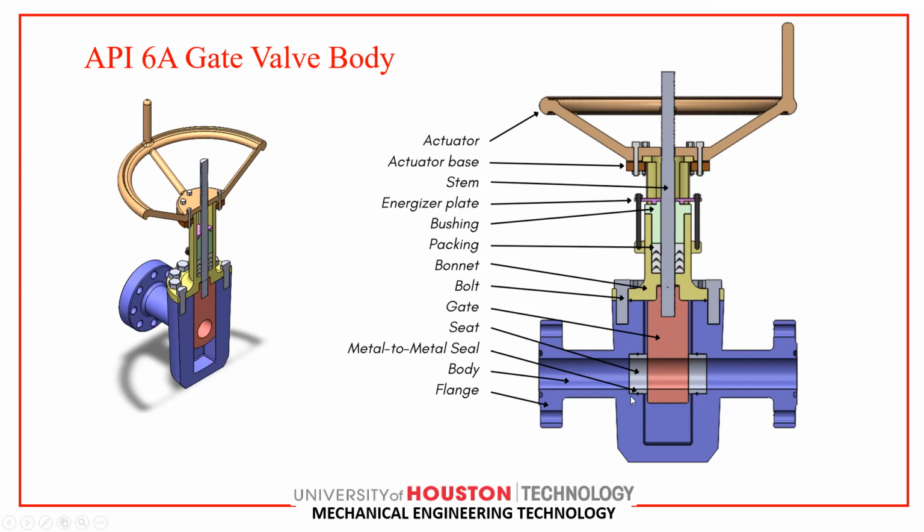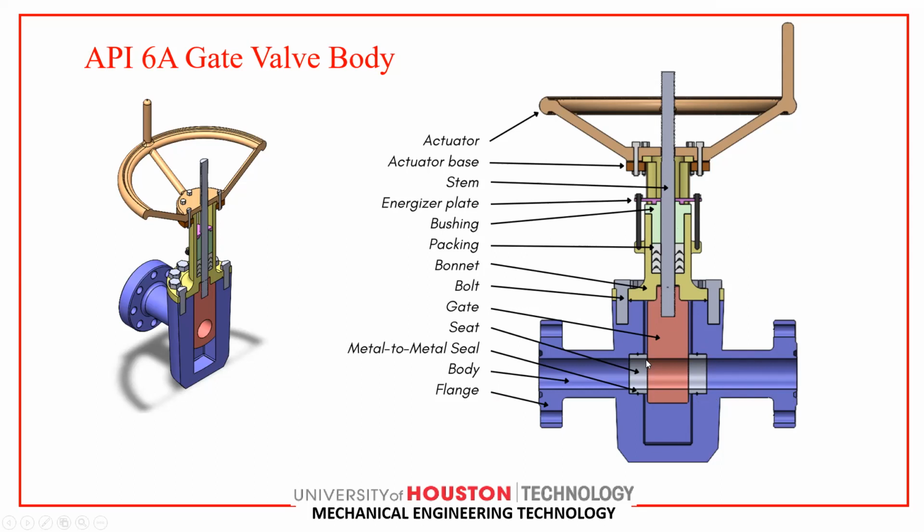In our project, we use a metal-to-metal seal because our project is high pressure and high temperature. We use 4 metal-to-metal seals here, 1, 2, 3, and 4, which are located between the seat and the valve body. And we also use 2 metal-to-metal seals, which are located between the valve body and the bonnet.